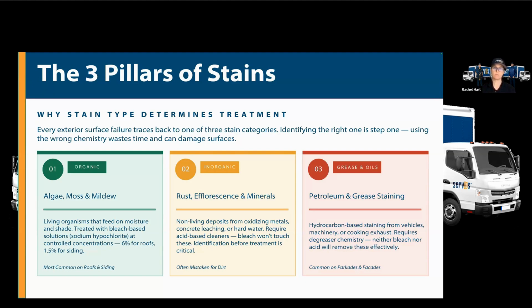Most commonly we use degreasers in parkades and on concrete surfaces where there have been oil stains, and it really helps to lift and refresh the appearance, although it will not always take the entire stain away.